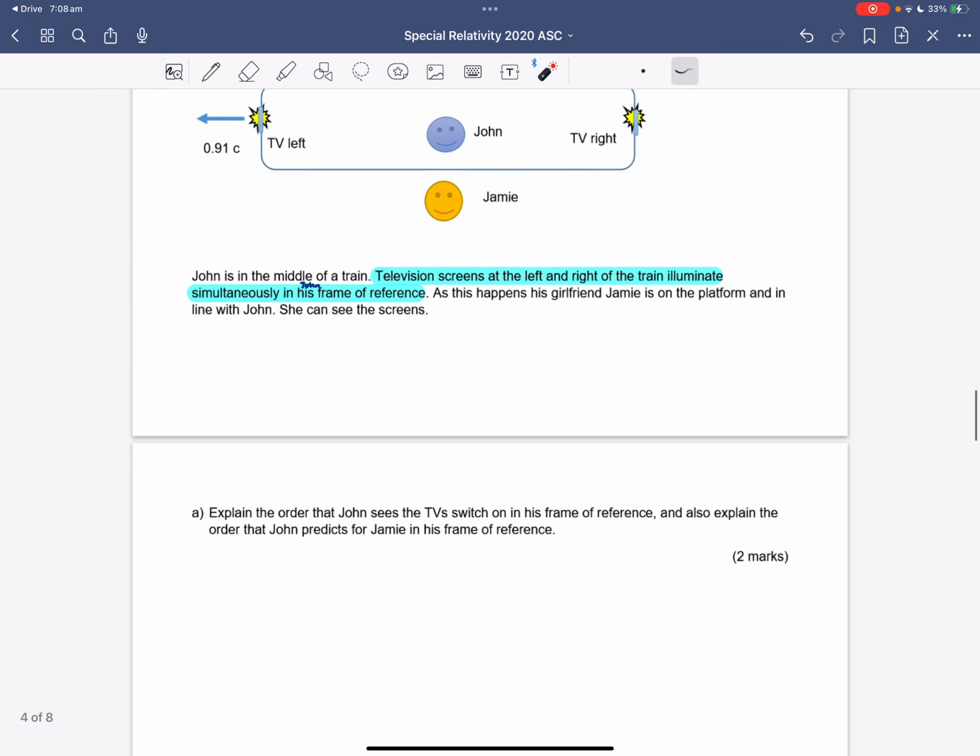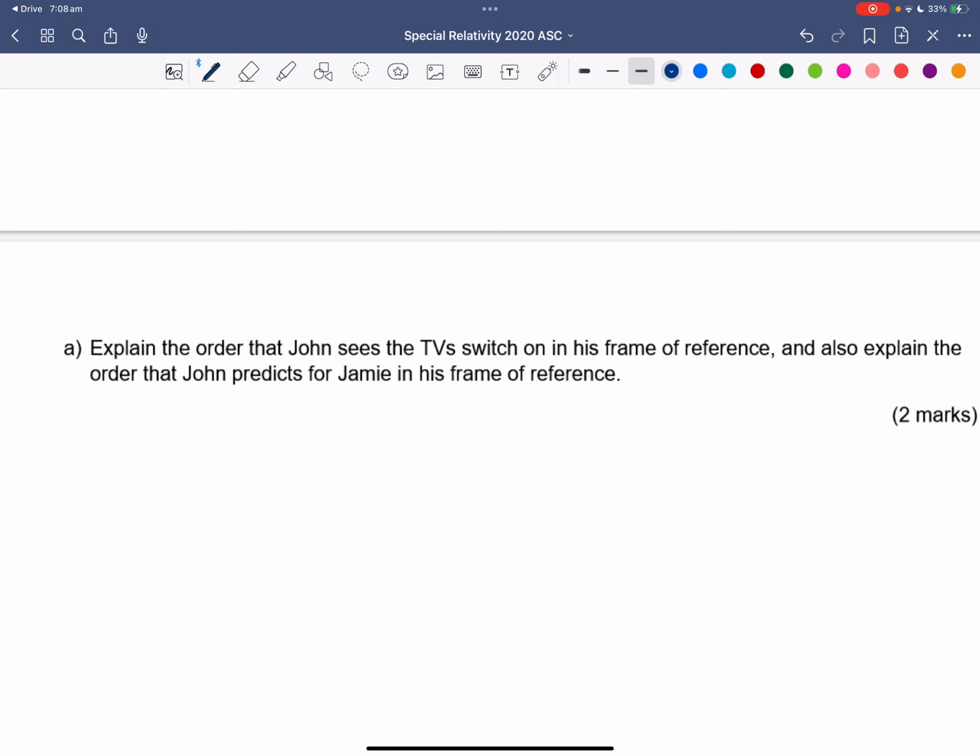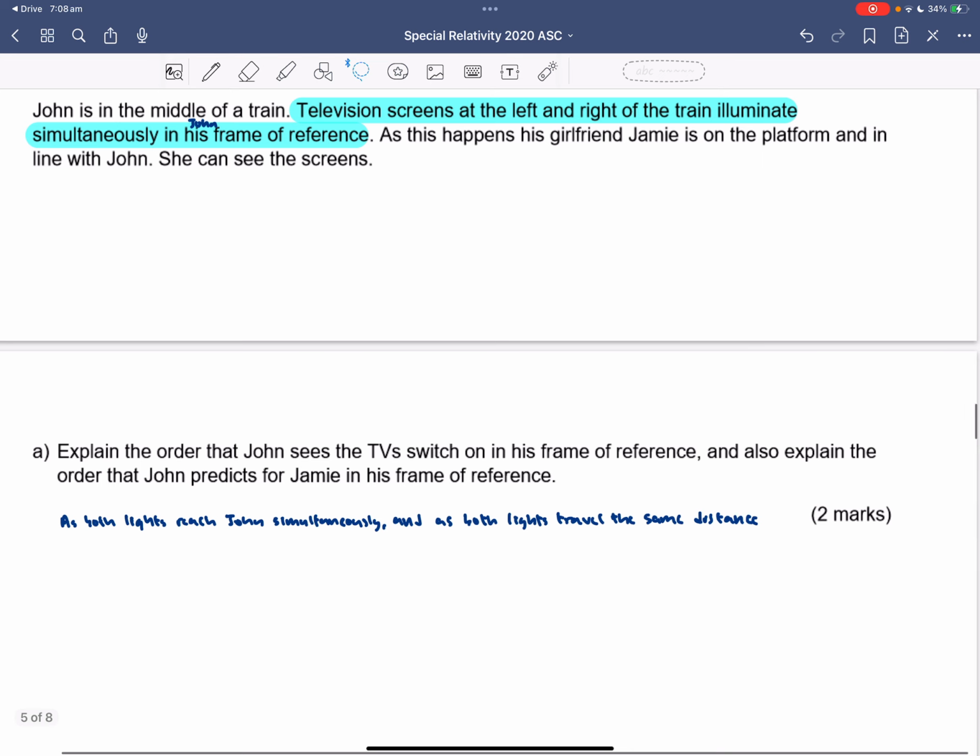Alright, we just said so. As both lights reach John simultaneously, and as both lights travel the same distance, I'm being very technical.